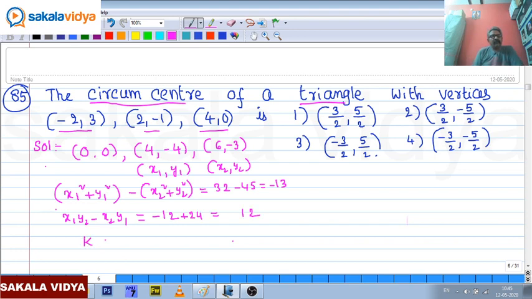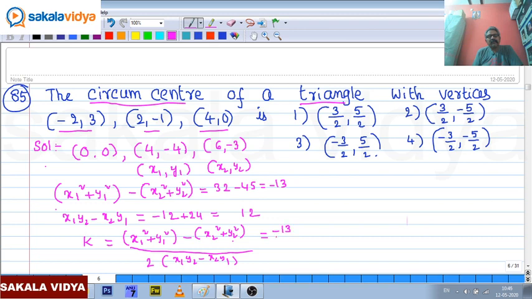Now k value. What is k value? x1 square plus y1 square minus of x2 square plus y2 square by 2 times x1 y2 minus x2 y1. That is minus 13 by 24. This I did it. Okay, next, x coordinate is minus k into y1 minus y2.